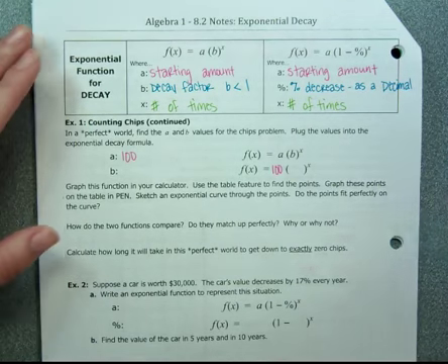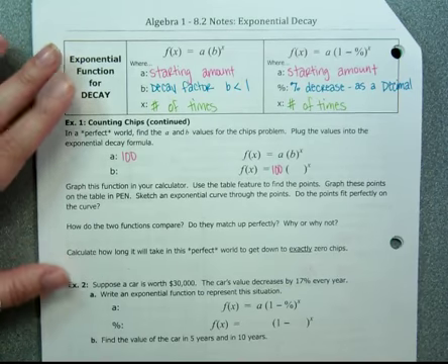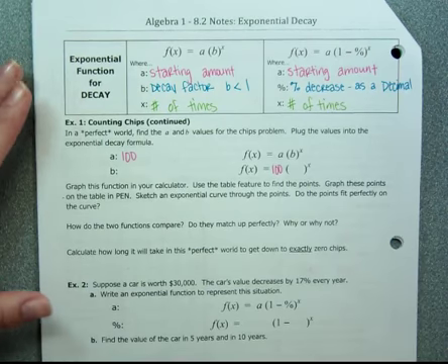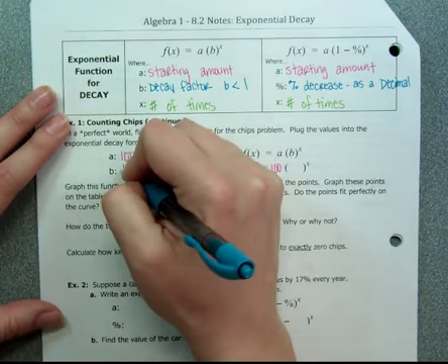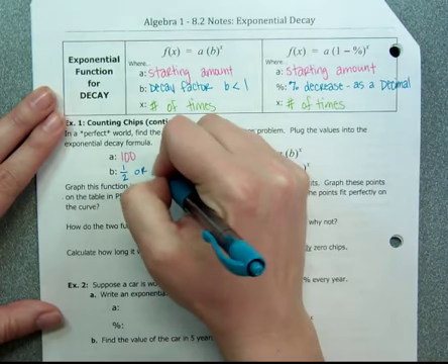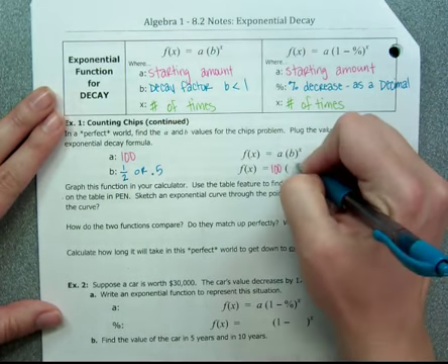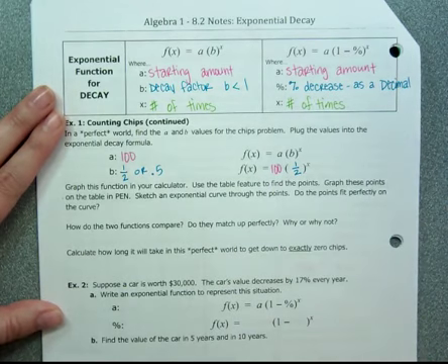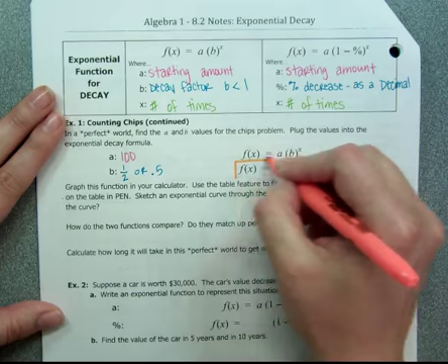All right, our B value. How much were we losing each time? We were losing about half. So you can either write it as half, or you can write it as 0.5. Either way, I'm going to write it as 1/2. So this right here is my exponential function.